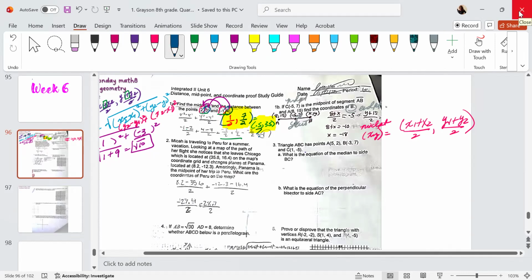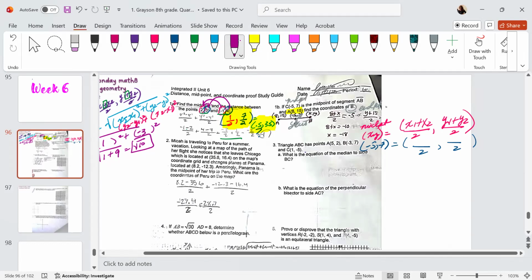What's given to you? What's the midpoint? C, what is it? -5 and 7. Plug everything else in. What else do they give you here? What is that?